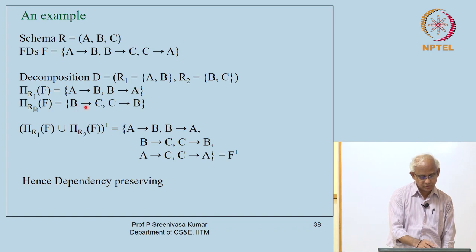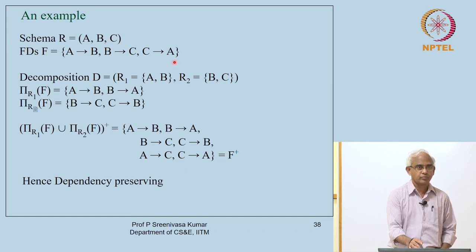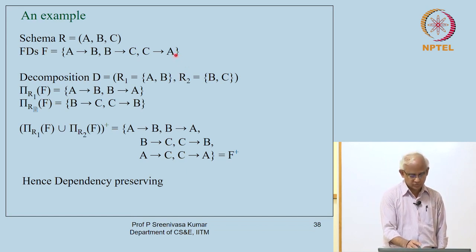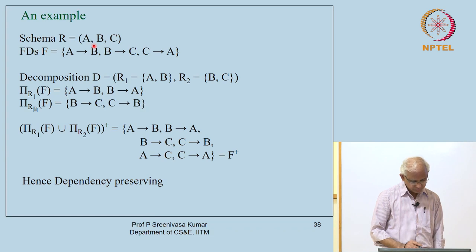In a similar way, B determines C, C determines B will come into the picture here. If you take the union of these two things and take the closure of that, you will see that it is equal to the closure of this. So this particular decomposition is dependency preserving with respect to this set of functional dependencies for this relation R.